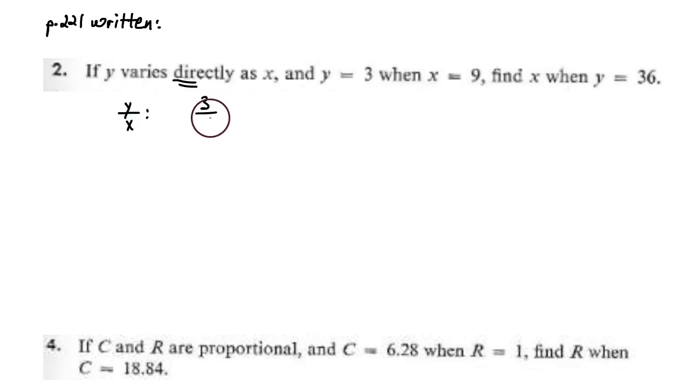So y is 3 when x is 9. Y is 36 for this unknown value of x. Now solve with cross multiplication. 3 times x equals 9 times 36. Divide by 3 to get the x alone. And the answer is 108.